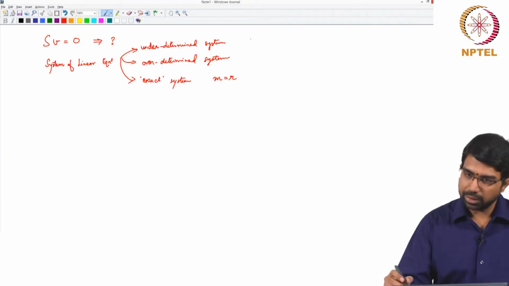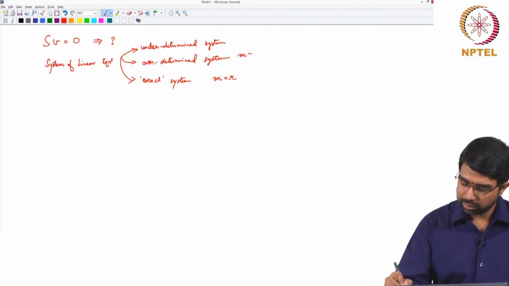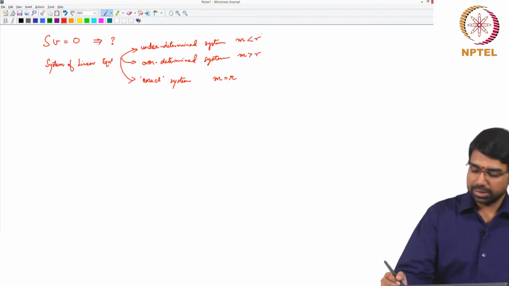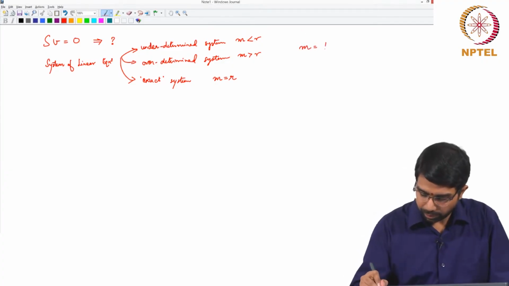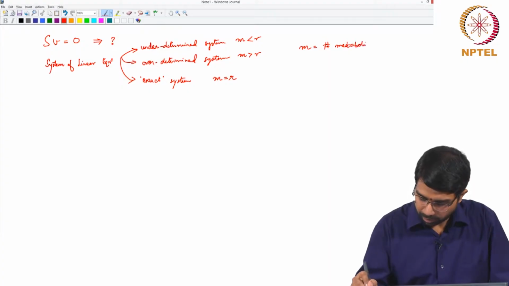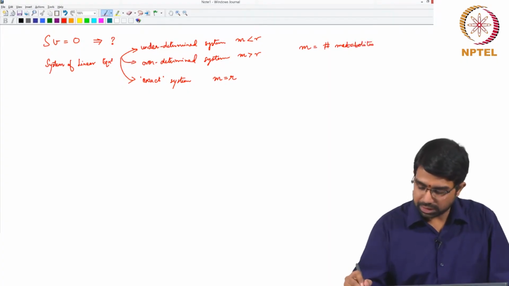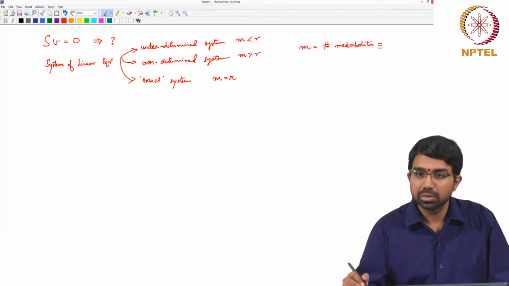What does overdetermined mean? M greater than R. And underdetermined is M less than R. So, once again, what is M? M is the number of metabolites, which is the same as the number of equations.